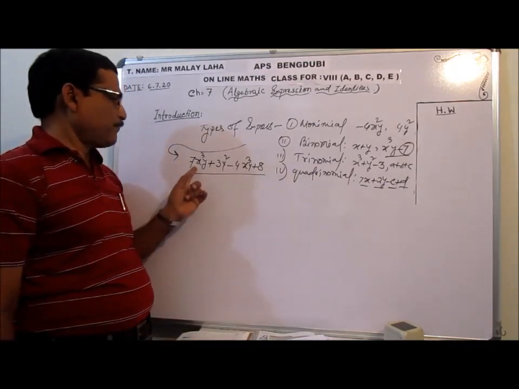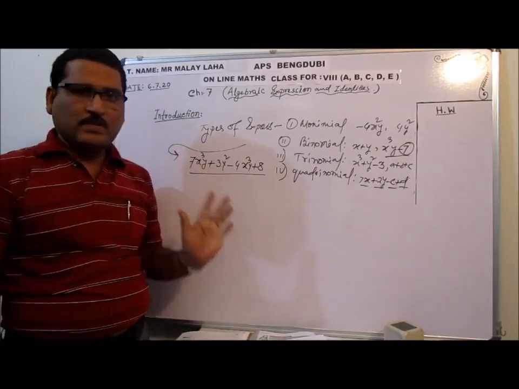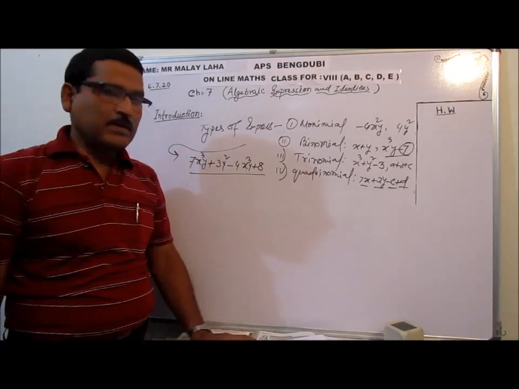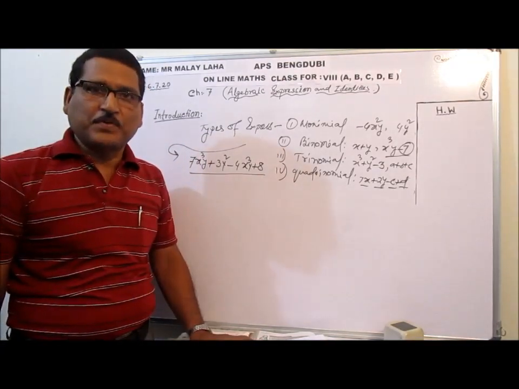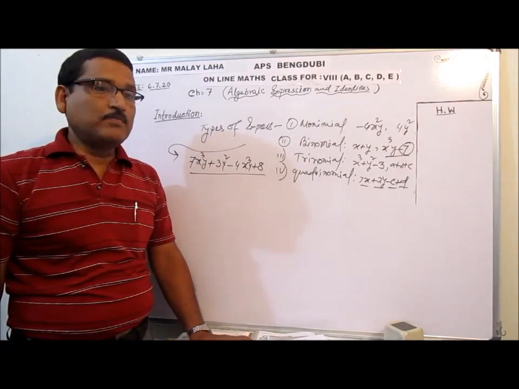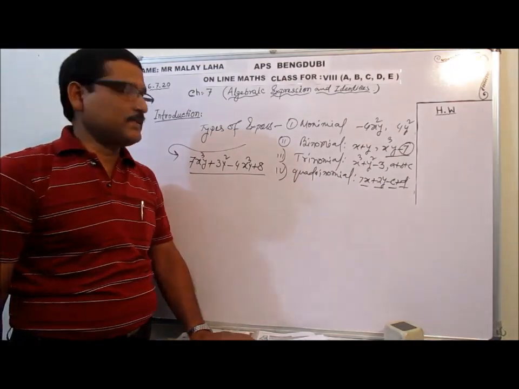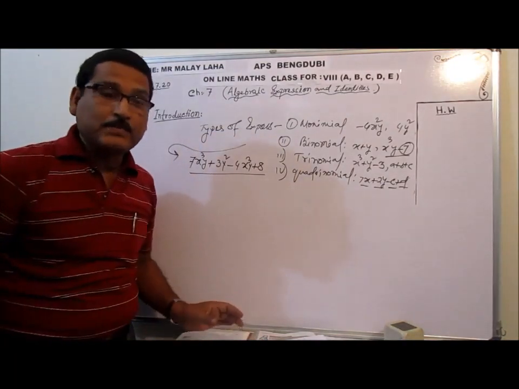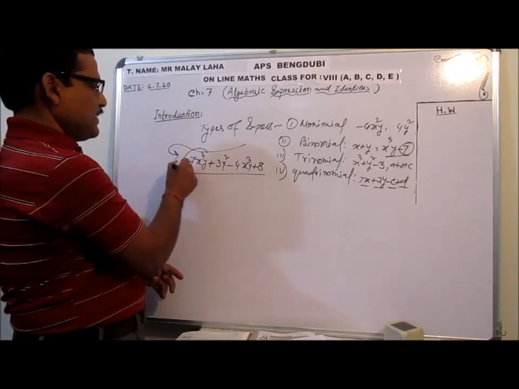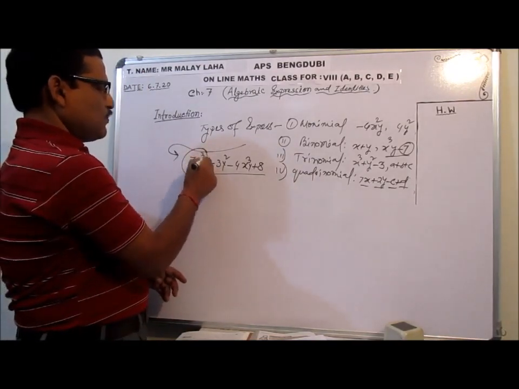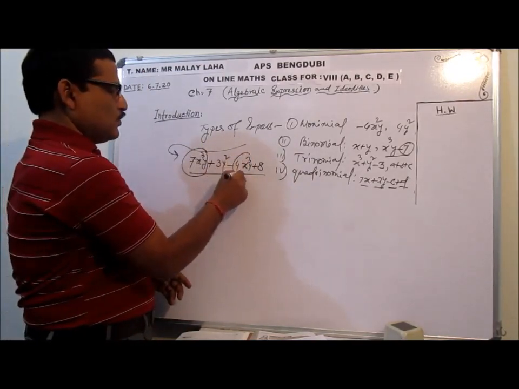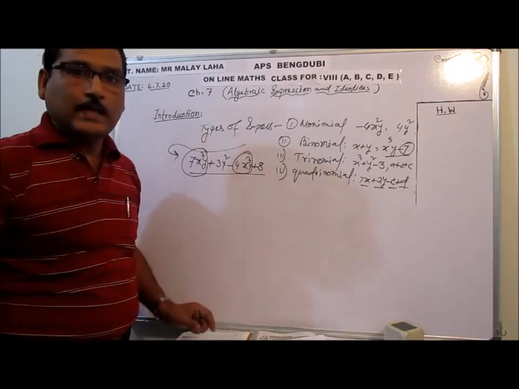So it is 1, 2, 3, 4. So you cannot say it is a quadrinomial. Why? We have to see what type of terms are there. Is there any like terms or not? You see, 7x cube y and 4x cube y are like terms.